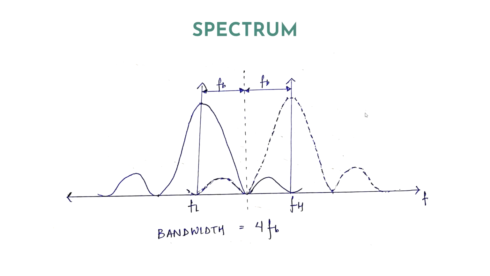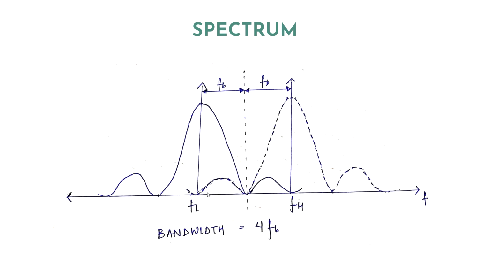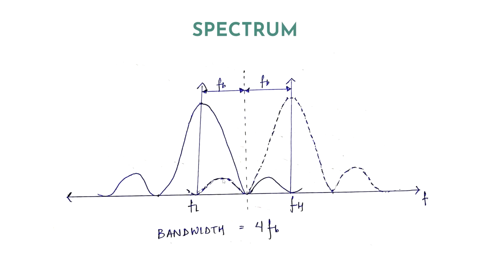So now we will look at the spectrum, the spectral density function. If you look at the values closely here, the reason that we are having an impulse function at fL and fH is these two functions here and here, root(PS/2) cos(ωHt + θH) and root(PS/2) cos(ωLt + θL). But why are we having these two sinc functions here, one centered at fL and one at fH?